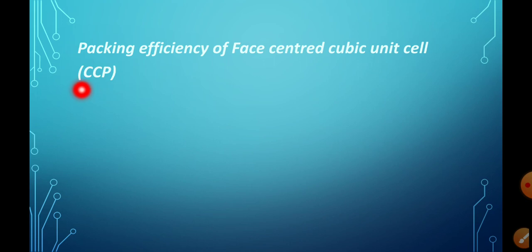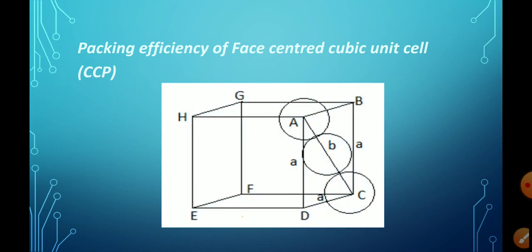The big crystal is formed by CCP type of packing, and that crystal contains a face centered unit cell. The unit cell is the smallest part of a big crystal. So this is the diagram of the face centered unit cell.